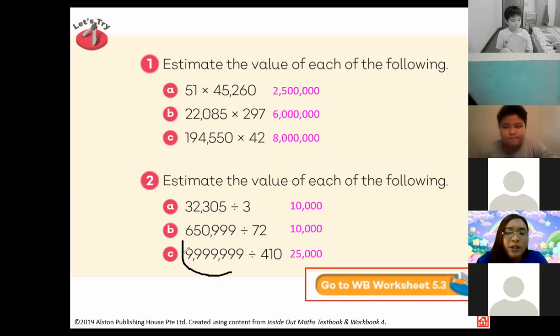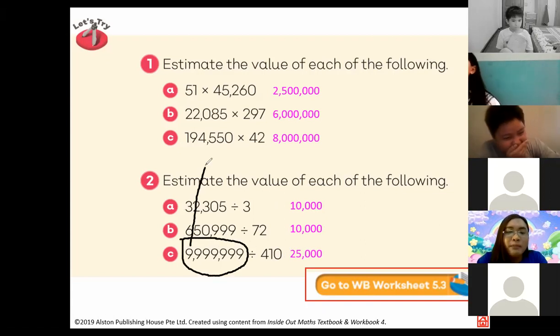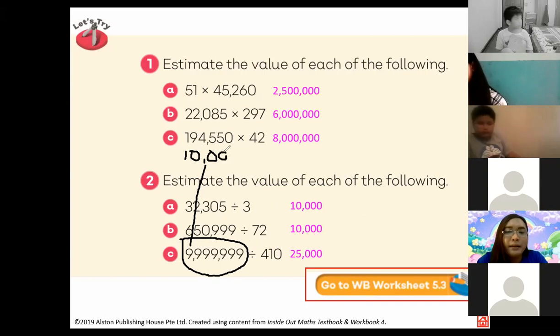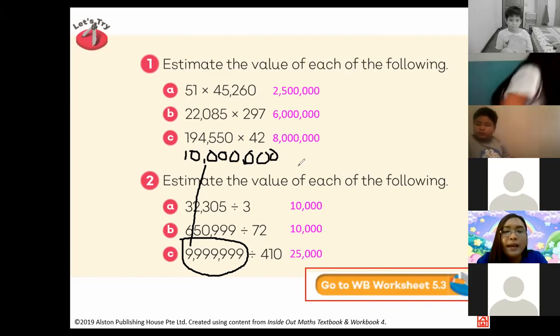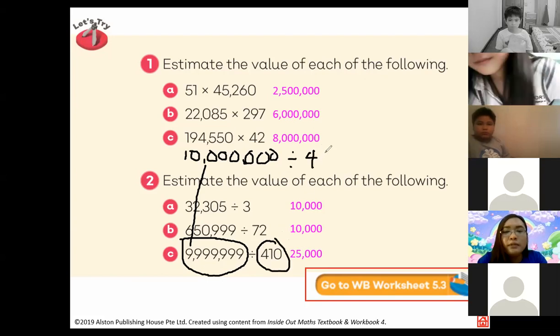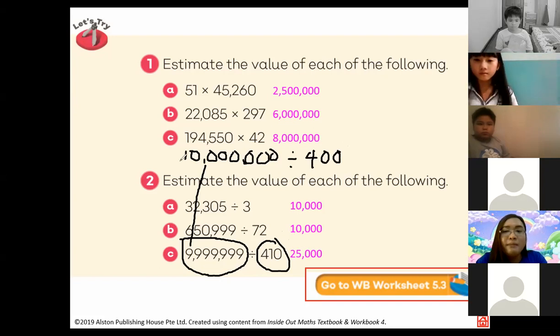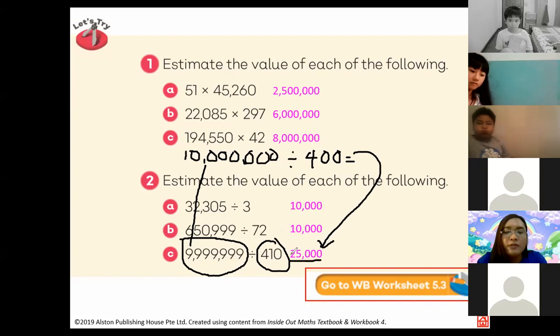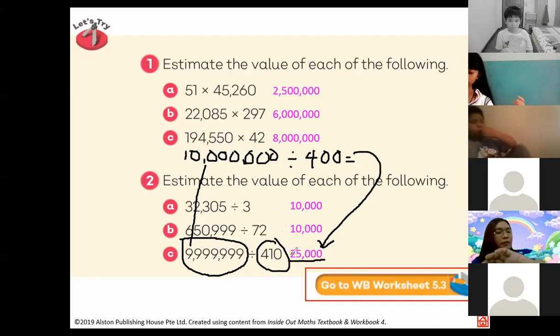If we round this number to the nearest million, that's 10 million. And then round 410 to the nearest 100, which is 400. So 10 million divided by 400 equals 25,000. All right, do you understand, class?